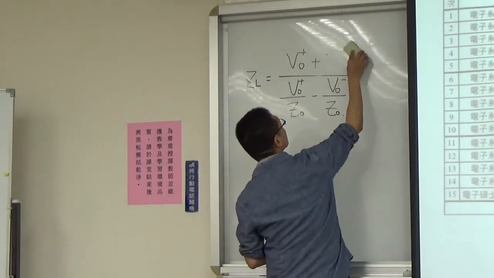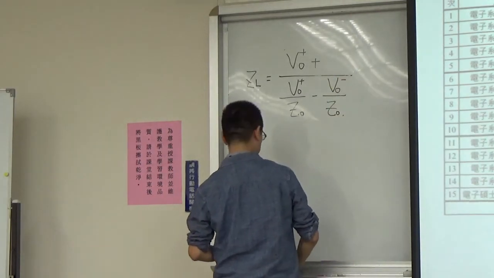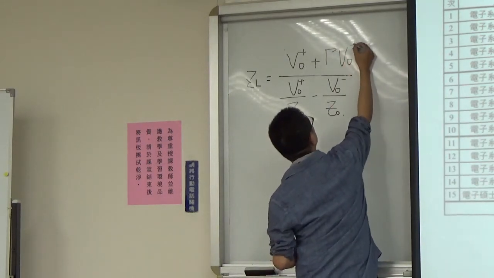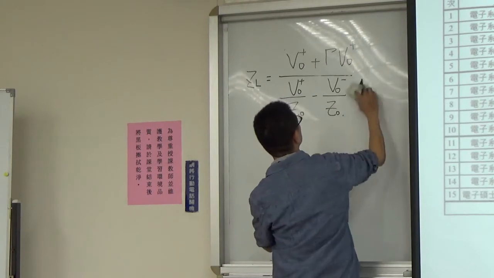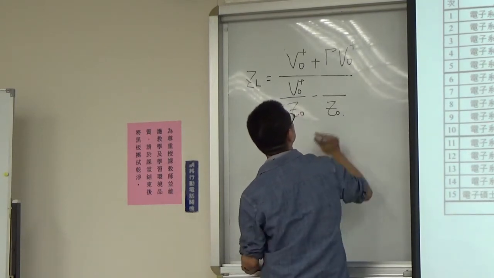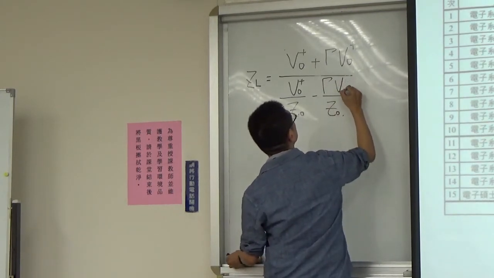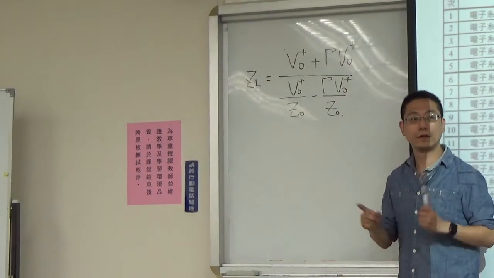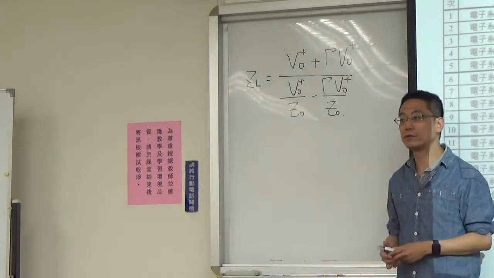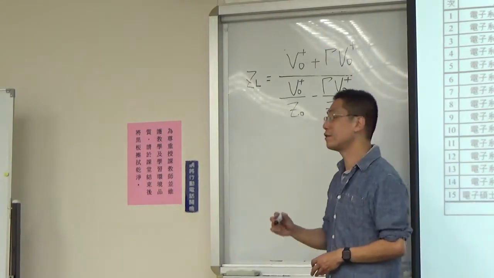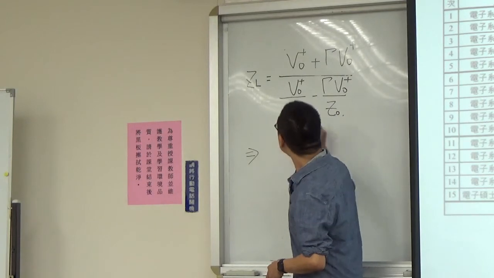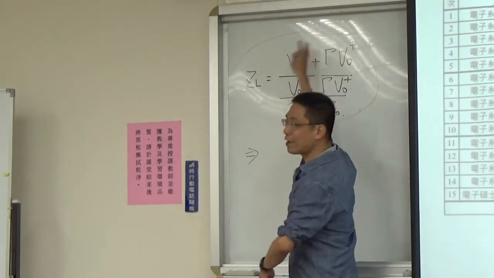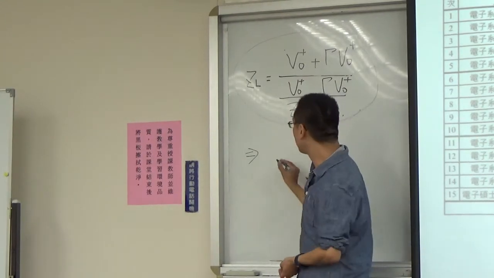We change this one to gamma. Okay, everyone, I did this again actually. This one, you just organize. You multiply everything and clear the fraction, and you can get it.